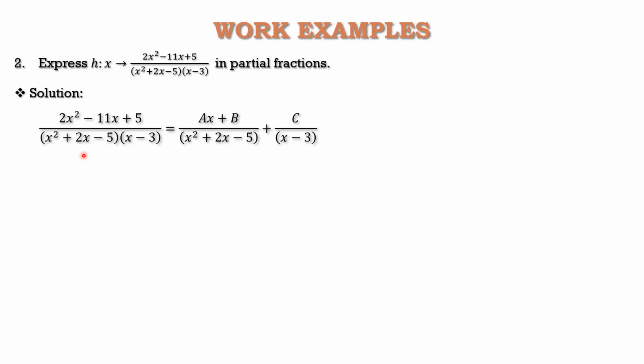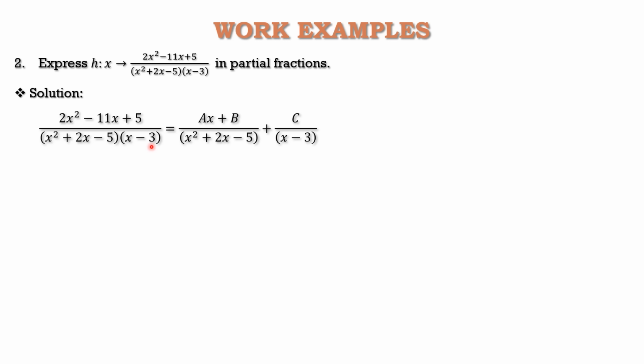Because x squared plus 2x minus 5 can never be reduced into a linear factor. We can't get linear factors from this particular quadratic expression. So it is an irreducible quadratic factor. So we need to use a linear expression of the form ax plus b to separate it.